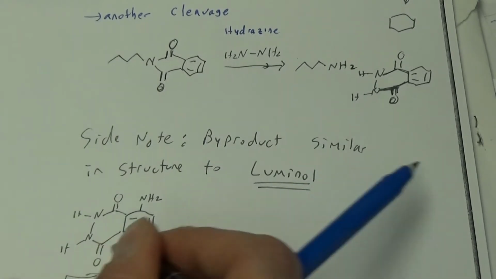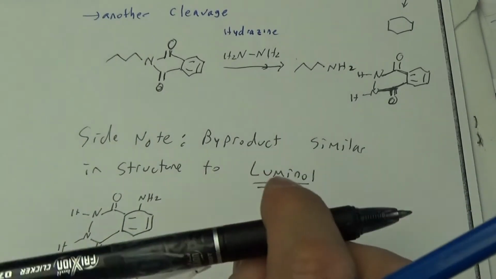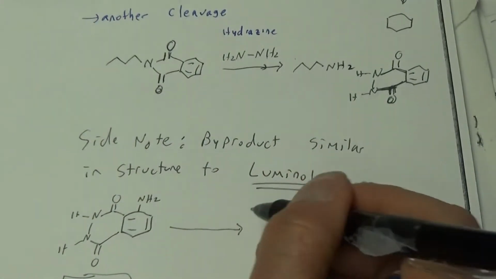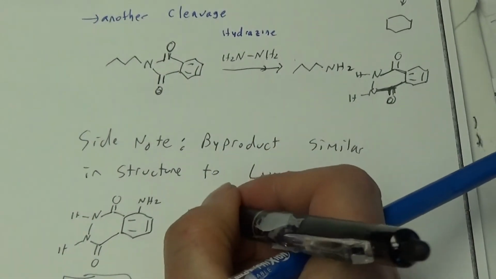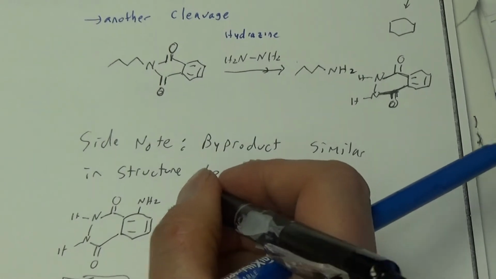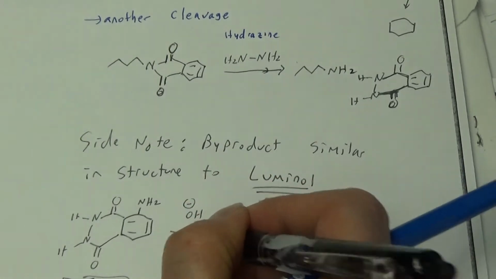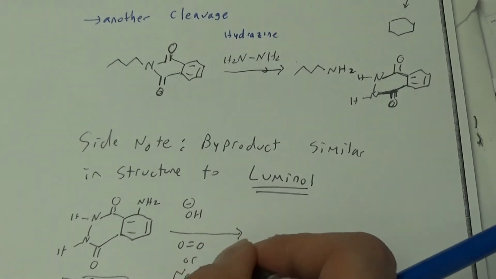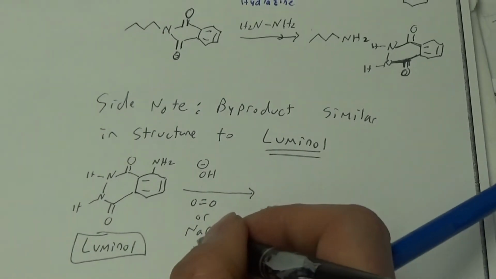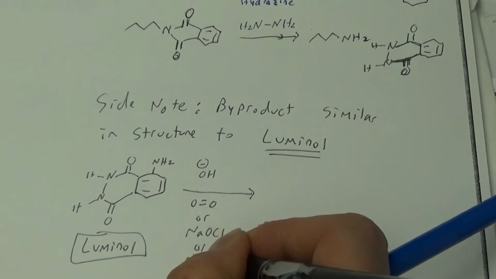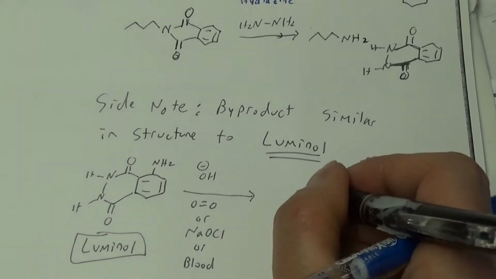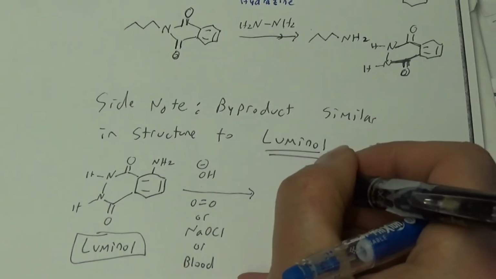and it's found in glow sticks, which you've probably seen or played around with before. So this stuff, interestingly, in the presence of hydroxide, or oxygen, or bleach, or actually blood, cleaves to the aminophthalic acid.